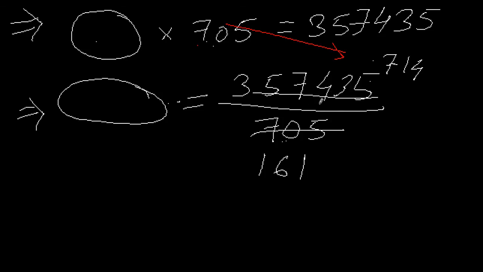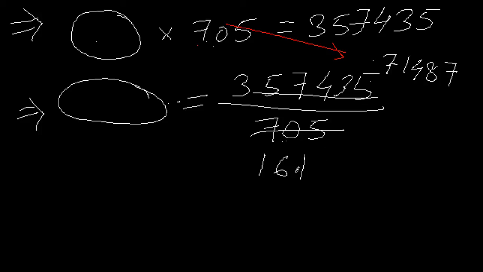I have 4 left and 3 comes up, so 43. Then 5 8s are 40. Then 3 remainder, 5 comes down, that means 35. That means 5 7s are 35. See, 161, and here I have 71487.